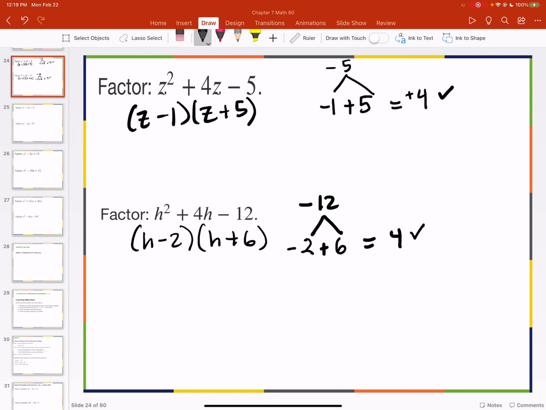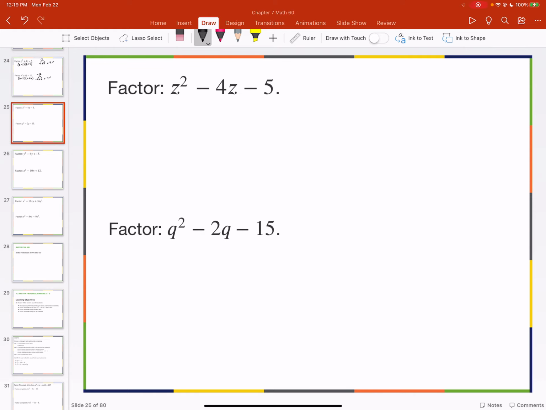All right. What about if you have a minus and a minus? So let's say here I have a negative 5 and I want the product of negative 5, so that it adds up to become negative 4.